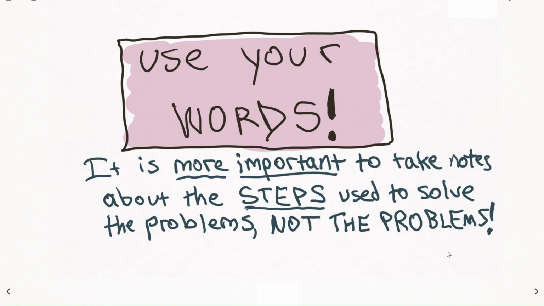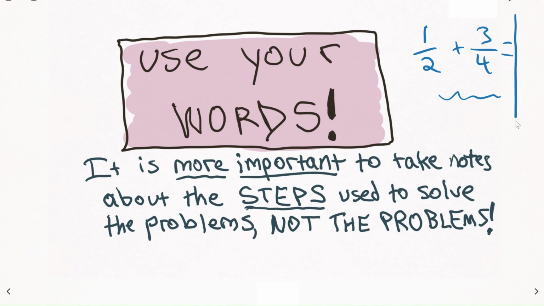So you want to use your words in class. It is more important to take notes about the steps used to solve the problems, not the problems themselves. Now, true, you need to write down something like it. So if the teacher is like, okay, well, 1/2 plus 3/4 equals, and then they start teaching about it, and they're using that problem as an example, yes, write the problem down, but it is more important to have like half of the page just your words, writing down, well, first I did this, like step 1, I did this, step 2, I did this, step 3, I did this.